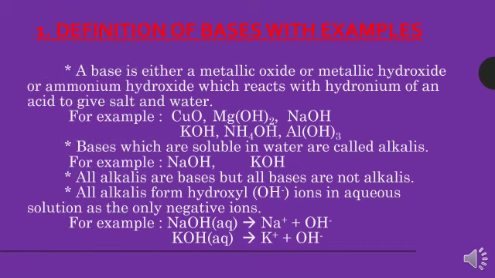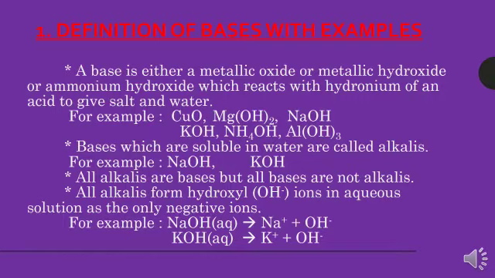Now, what is the definition of bases? A base is either a metallic oxide or metallic hydroxide or ammonium hydroxide which reacts with the hydronium of an acid to give salt and water. For example, copper oxide, magnesium hydroxide, sodium hydroxide, potassium hydroxide, ammonium hydroxide and aluminum hydroxide are some of the examples of bases.